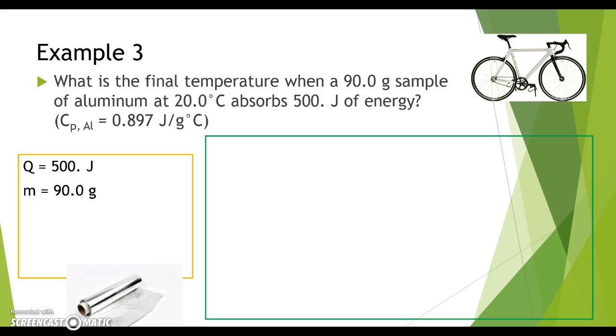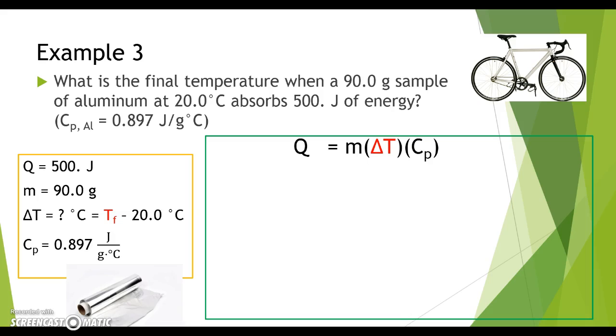The mass is 90 grams of aluminum. We are trying to find the final temperature, so we are going to leave that as our unknown. Our starting temperature is 20 degrees Celsius, so delta T is TF, which is the final temperature, minus 20 degrees Celsius. The specific heat capacity of aluminum, we said, was 0.897 joules per gram degree Celsius.